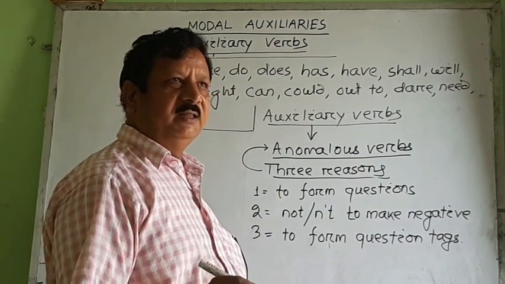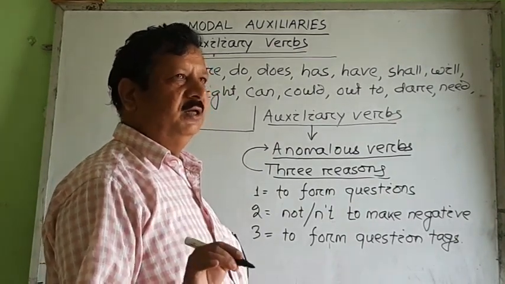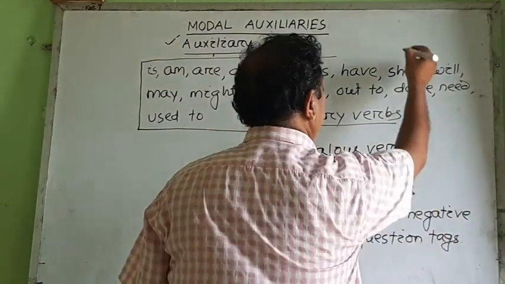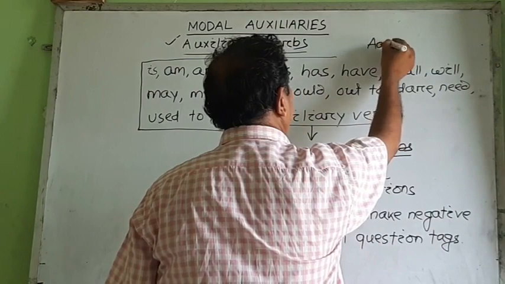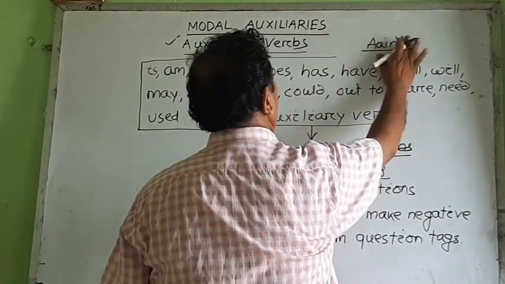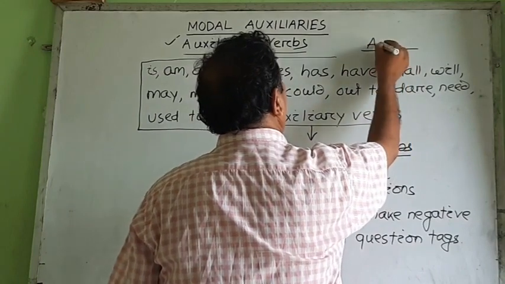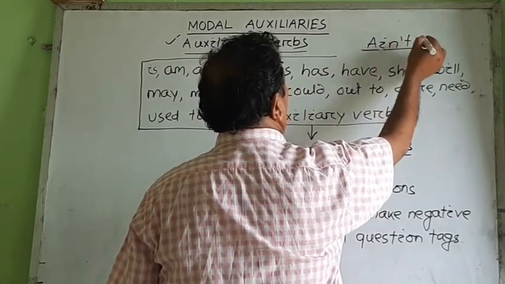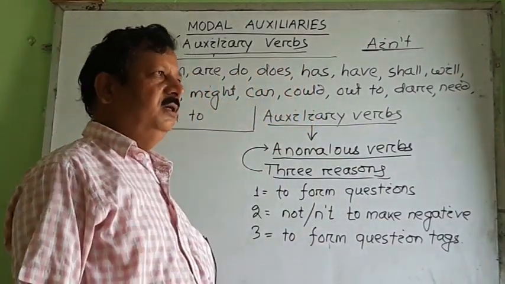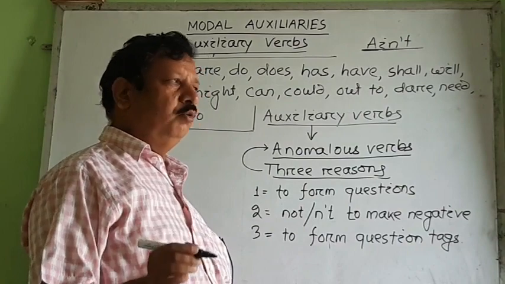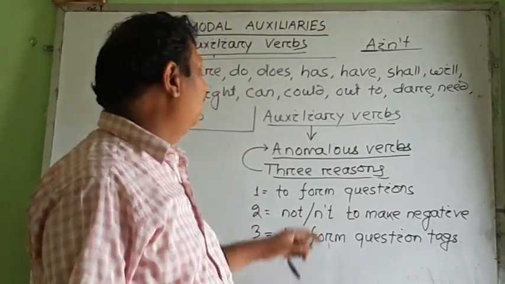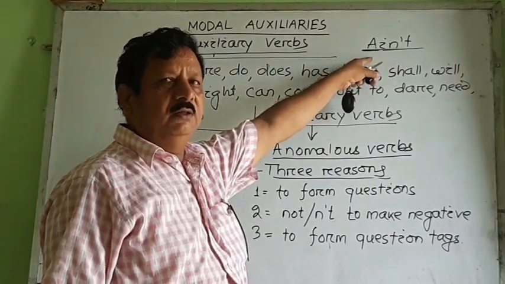Are not is not pronounced in full, rather they just pronounce it as "ain't". Because in English, in colloquial or expressional manner, they don't use aren't, rather it is ain't.